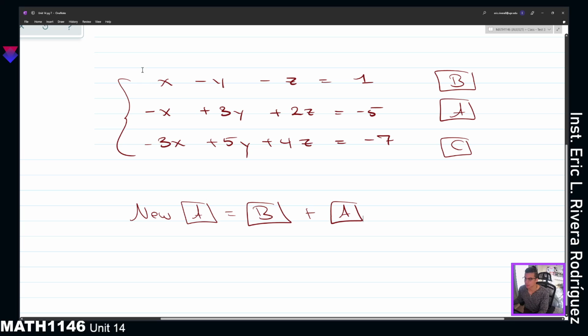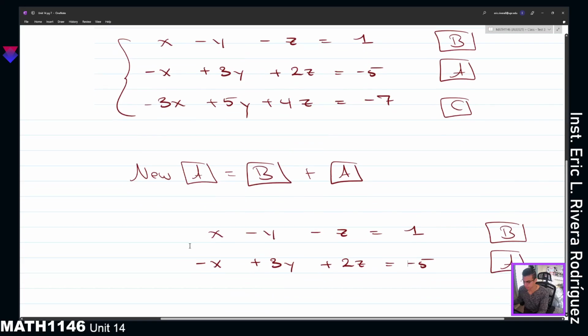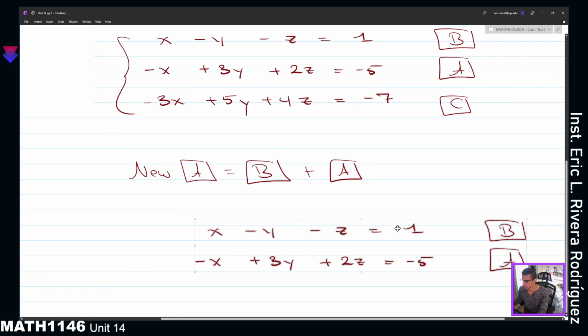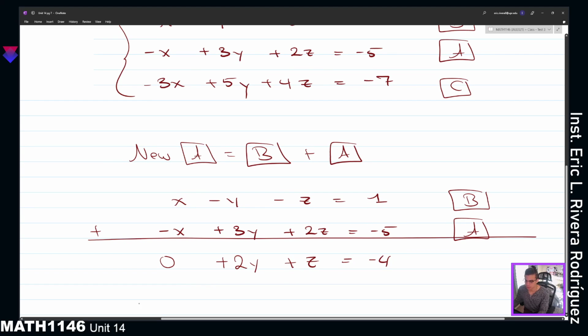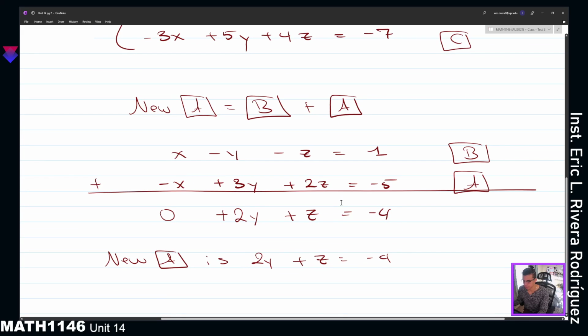Okay, so taking these two equations and adding them, I eliminate the x term here, then I have positive 2y, then I have positive z, this is equal to -4. So new A is 2y plus z equals -4.